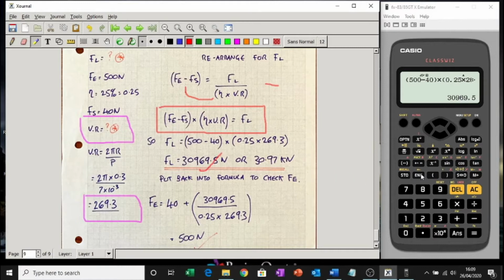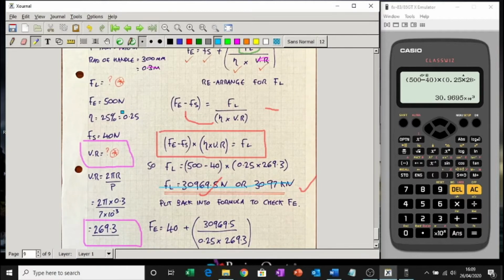Or if you want to, press ENG, 30.97 kilonewtons. So that's how much of a load I can lift with that effort. If I put an effort of 500 in, I can lift a load of 30 kilonewtons.